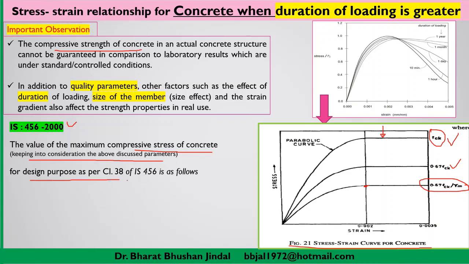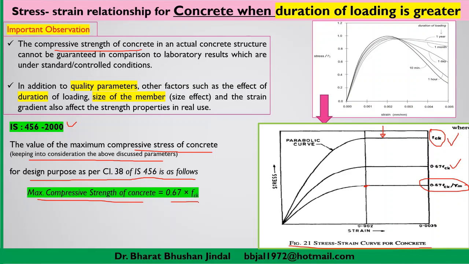For design purposes, you can refer to clause number 38 of IS 456, which gives the value that the compressive strength of concrete will be equal to 0.67 times fck, where fck is the characteristic compressive strength, which we have already discussed in detail.